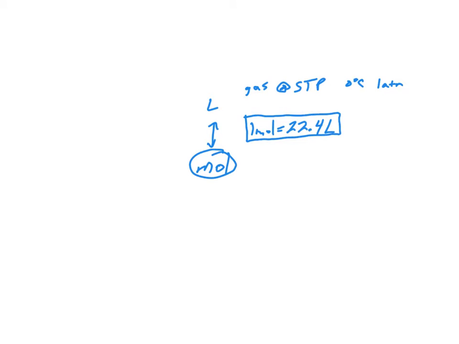The next thing that we're going to convert to is particles, and this is where we get to Avogadro's number. Avogadro's number allows us to convert from moles to particles of a substance, and those particles are either atoms or molecules. Now again, for each one of these things, I'm showing you what we can convert between and the conversion factor that allows us to do it.